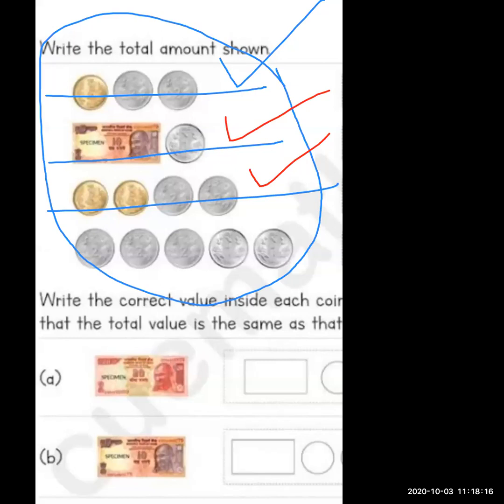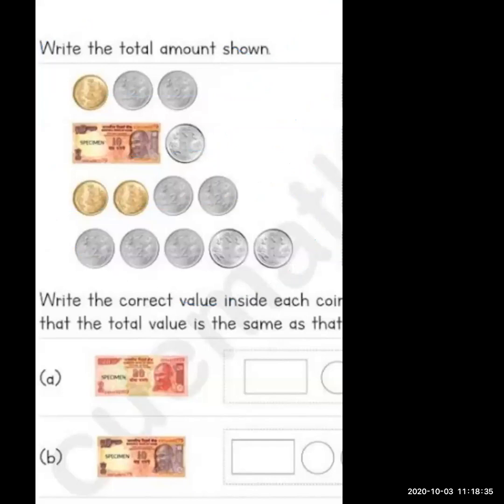If anyone gives you coins and notes also, it is possible to add. You will be able to add the numbers and coins. Okay, don't get confused. Okay. Now next, I'm going to show you the same screen, but the downside.